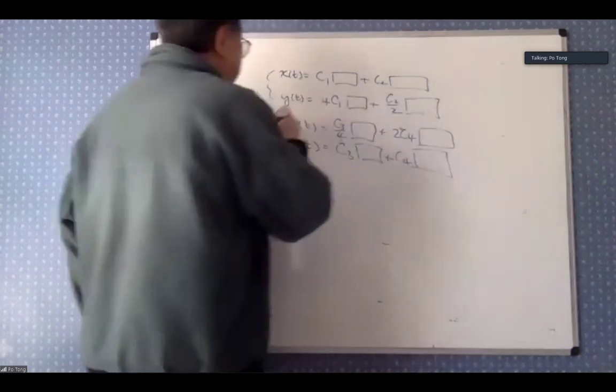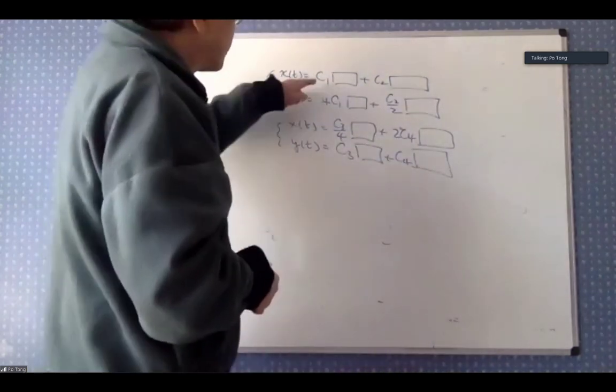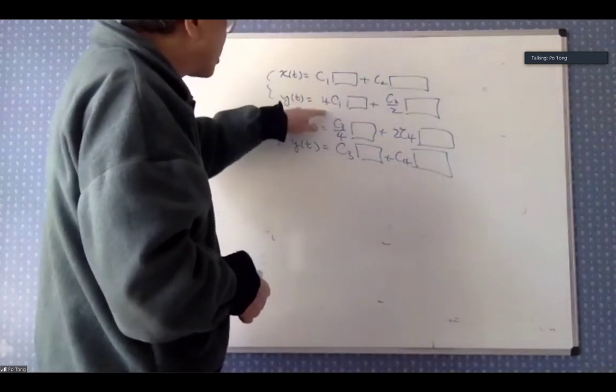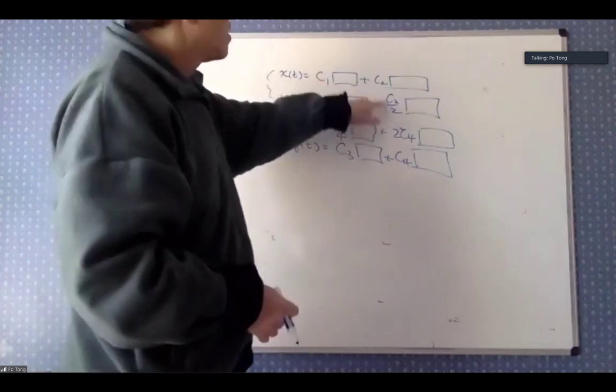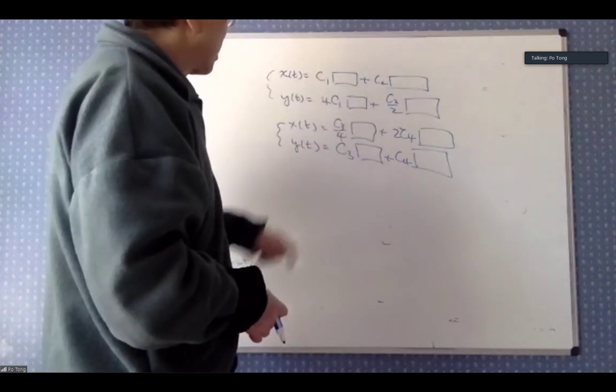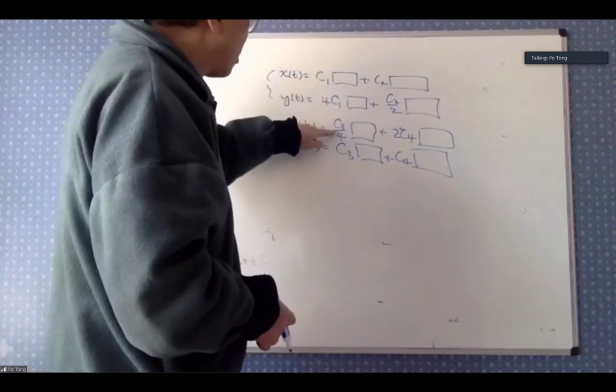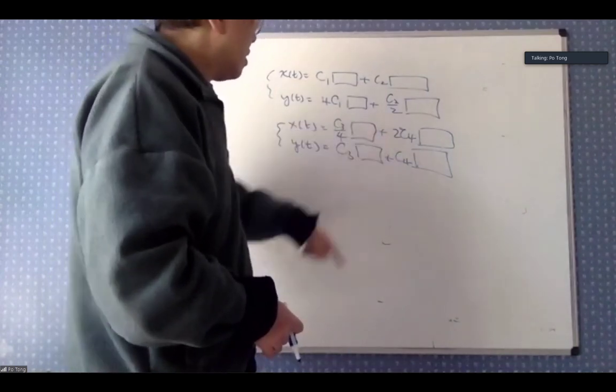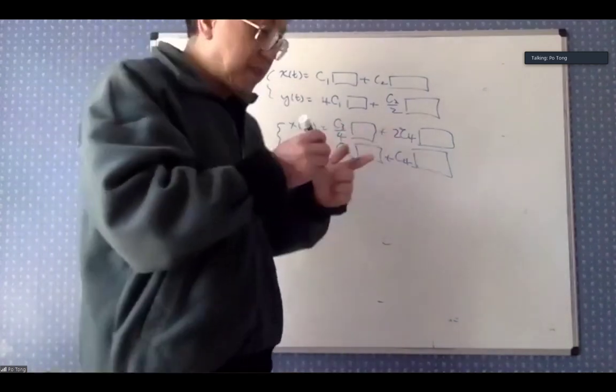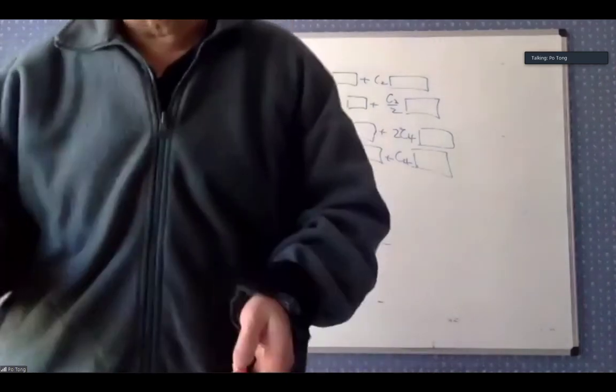So both of these are the same. Basically, this is saying that this coefficient is 4 times this coefficient. This one is half of this. If this one is 4 times that, that one is 1/4 of that, and this one is twice that. It's probably something like that happening there.